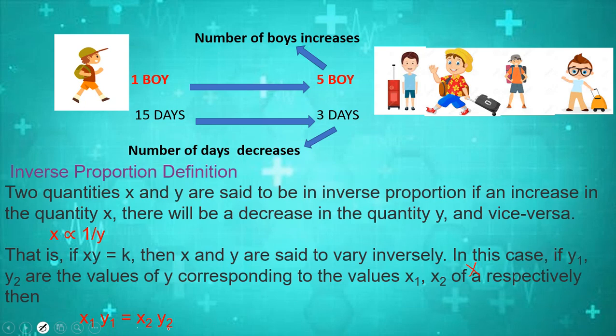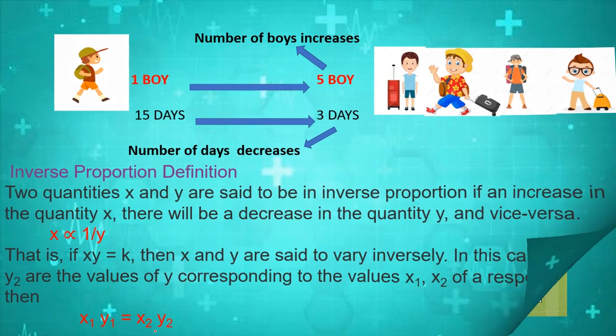Remember, in direct proportion we learned x upon y equals constant, but in inverse proportion we have the product of the quantities, xy equals constant. So x1 upon y1 equals x2 upon y2 is the formula for direct proportion, whereas in inverse proportion x1 y1 equals x2 y2. That means the product of the two different quantities is constant. In direct proportion, it was the division of the two quantities that is constant.